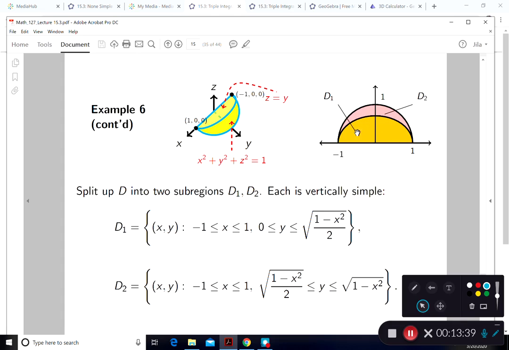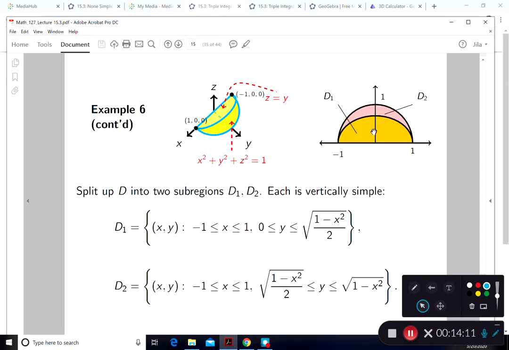Over the orange area, the little wedge is sitting with z between 0 and z equal to y, and over the other area, z is between 0 and the upper half of the sphere. So we have to find this region.